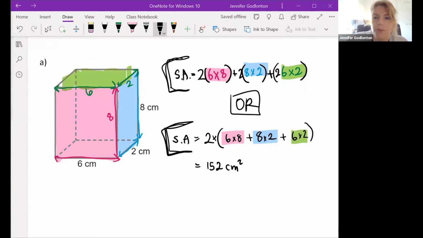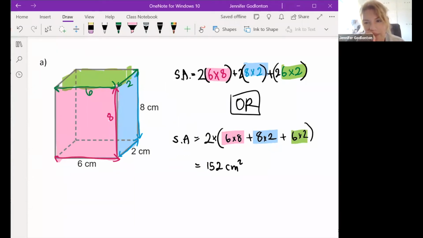Ochbeng, how can I help? Ma'am, how do you know that these numbers are supposed to be 2 times 8, 8 times 2, 6 times 2? How do you know, ma'am? You need to work out the area of each of those rectangles. So if I'm wanting the area of this pink rectangle, I need this length, which is 6, and I need this length here, which is 8.